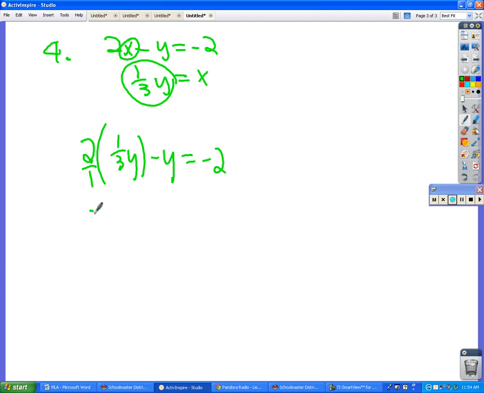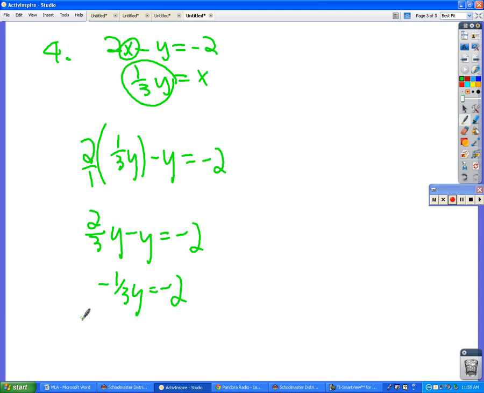So it's 2/3 y minus y equals negative 2. 2 times 1 is 2, 1 times 3 is 3, so it's 2/3 y. Okay? What's 2/3 of a y take away a whole y? Negative 1/3 y, because you're taking away more than you have.